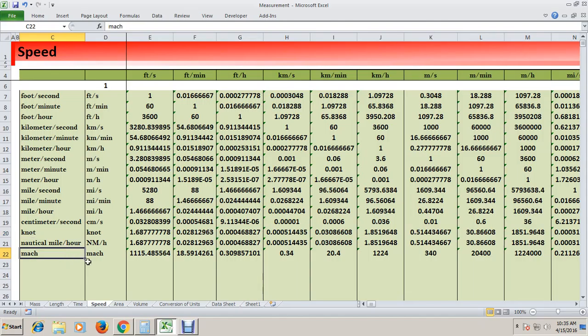The unit Mach is the unit for speed that we usually associate with measuring the speed of sound. So for example, when we say the speed of sound is Mach 1, that means the sound is traveling at 300 kilometers per hour. So that is Mach 1.